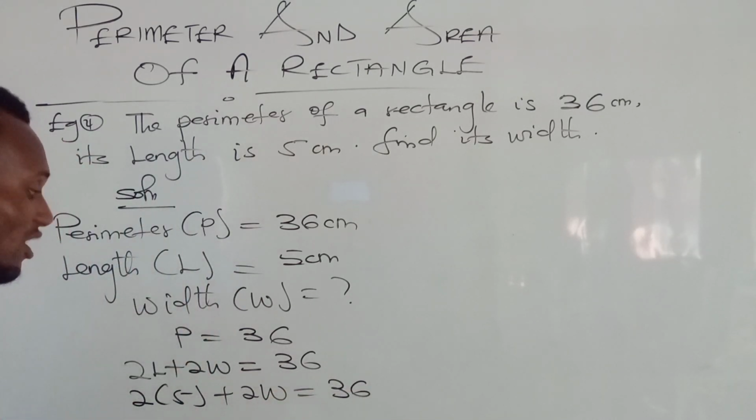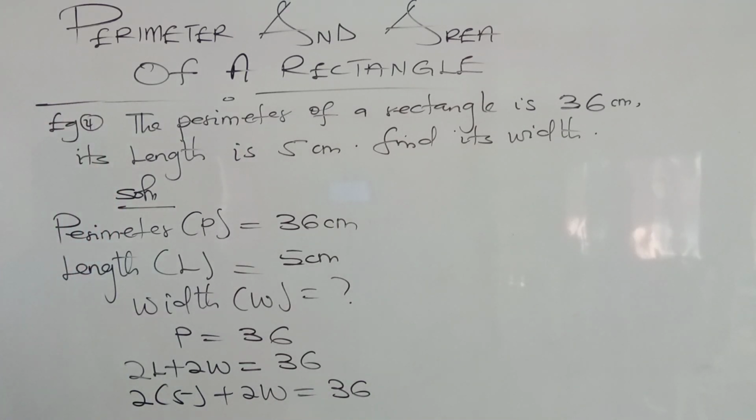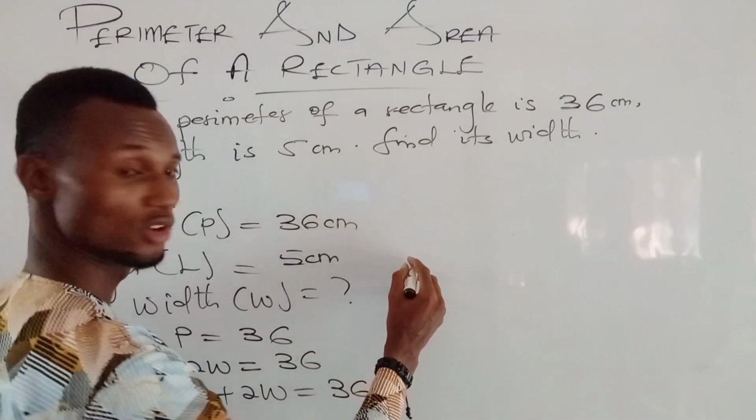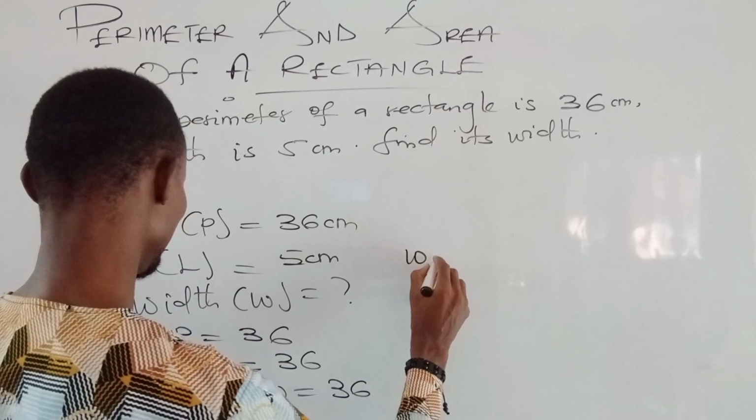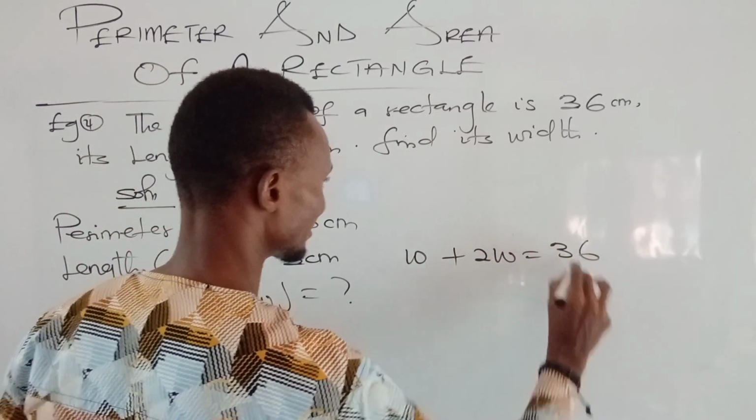I hope you agree up to this point. From here, this becomes a simple linear equation to solve for W. So 2 times 5 gives 10. I have my 10 plus my 2W equals 36.